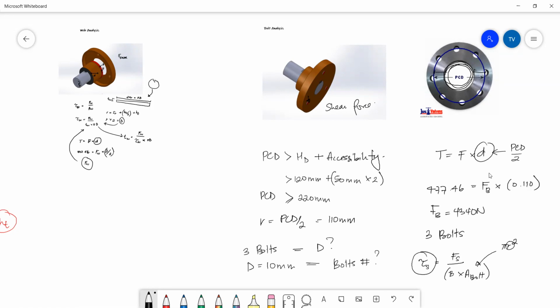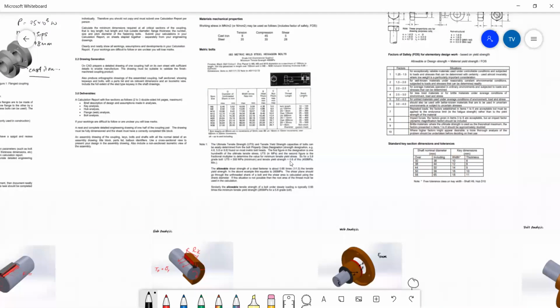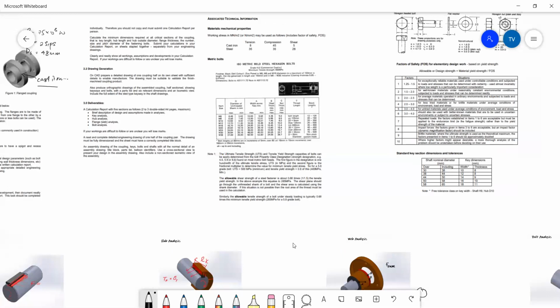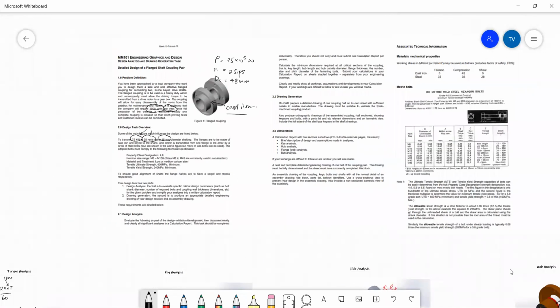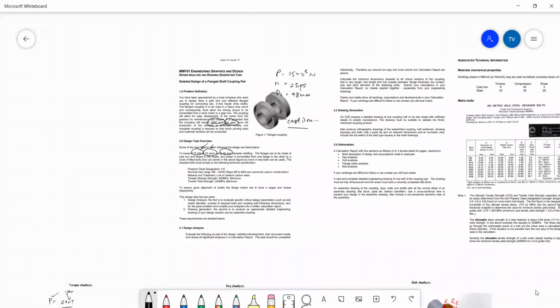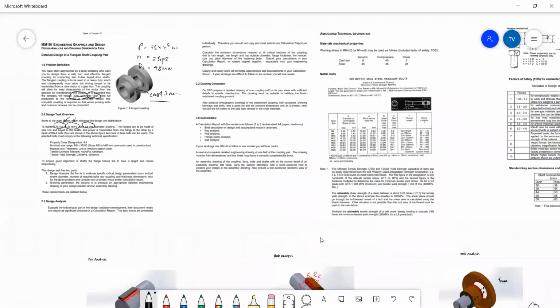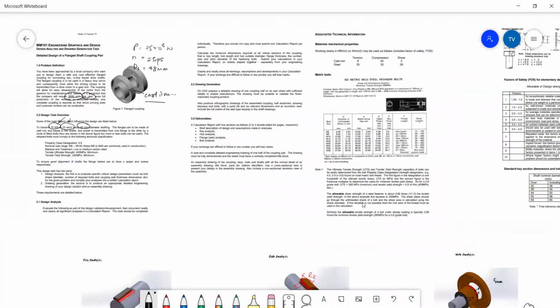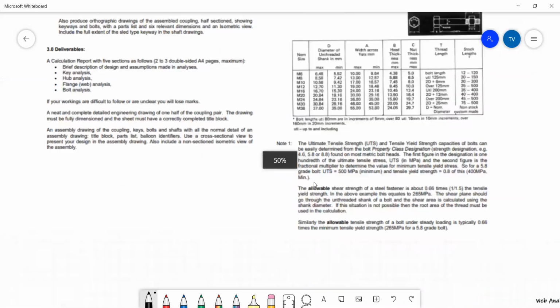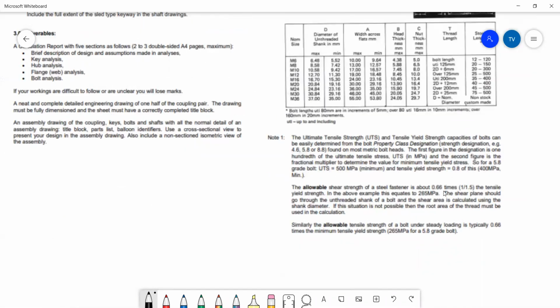Now what shear stress will you use in this case? It says back here the ultimate tensile strength is 244 megapascals. This is tensile strength. If you read this information about the bolts, and we have a closer look here, the allowable shear strength of the steel fastener is about 0.66 times the tensile yield strength.